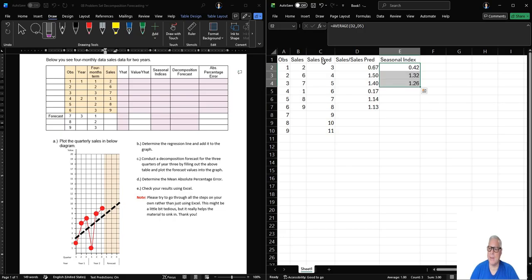Now I can copy that to the next 2 observations, and the 1.32 says that on average, whenever the summer semester takes place, the bookstore has 32% more sales than what the linear trend line would predict. And in the fall, it's still on average 1.26.